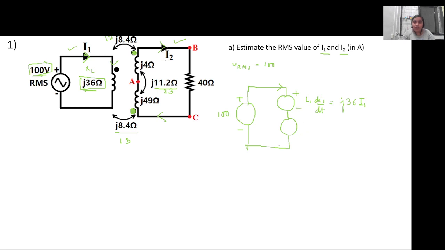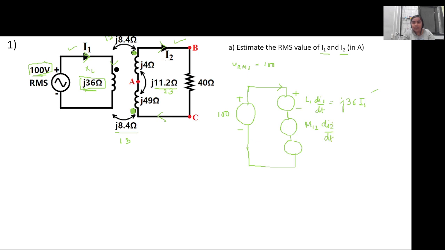Now, there will be two other voltage drops because there are two mutual inductances corresponding to the two different coils in the secondary. There will be the mutual inductance because of the first coil, and it will be di2 by dt.